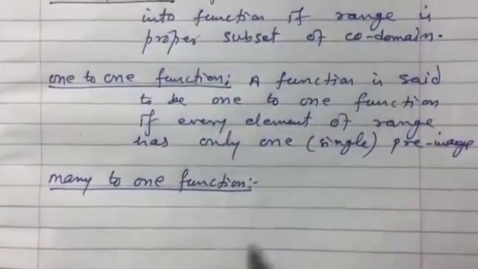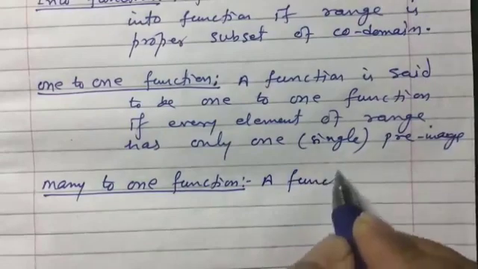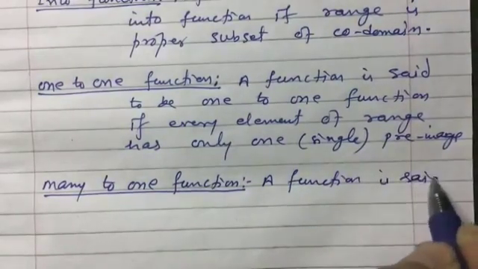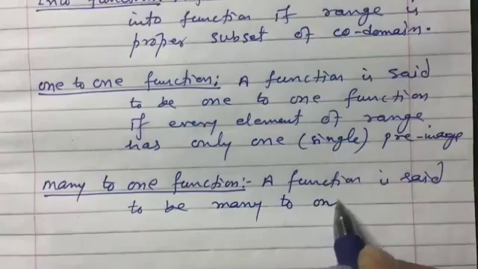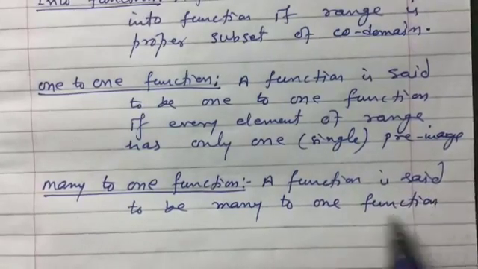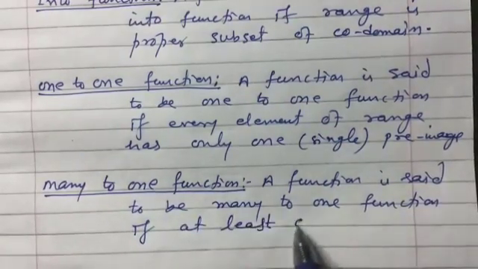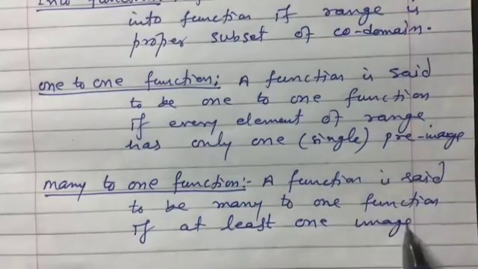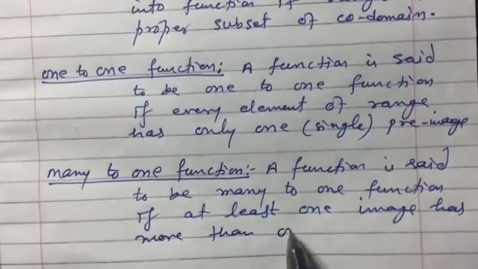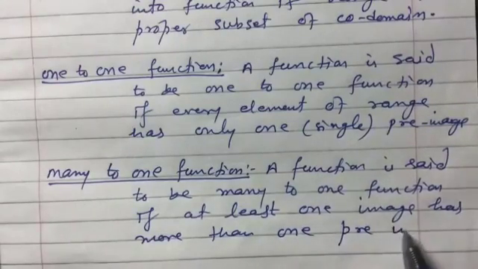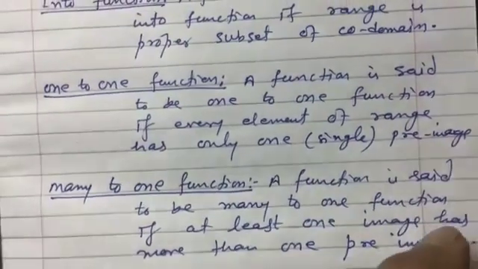So we can define like this: a function is said to be many-to-one function if at least one image has more than one pre-image. In this way we can define many-to-one function also.